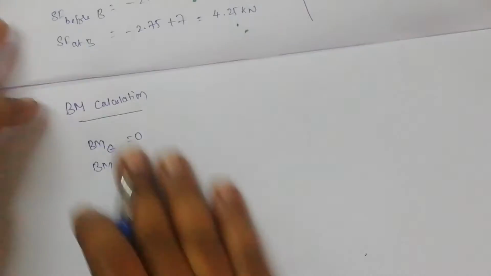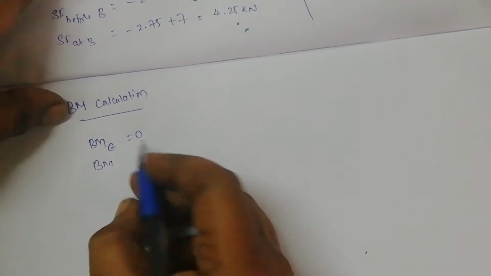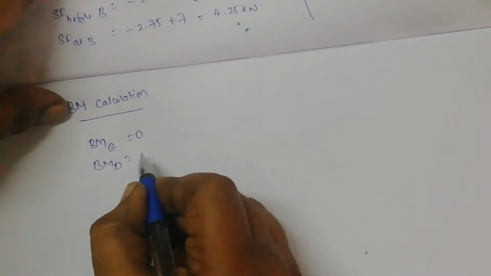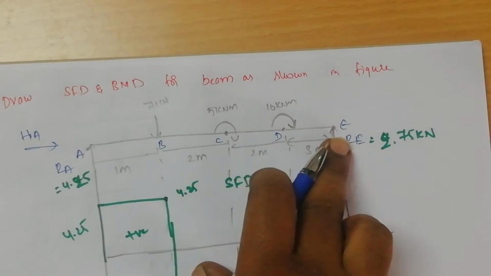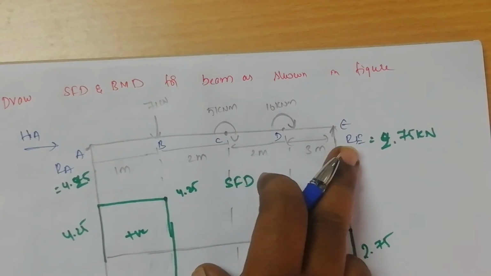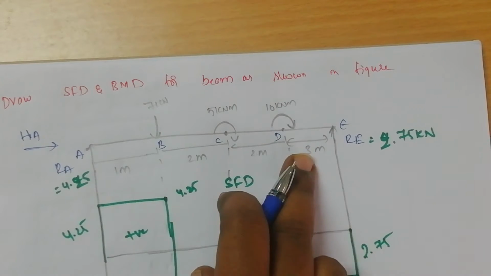Next, after E we are having bending moment at point D, that is the moment because of RE into 3.